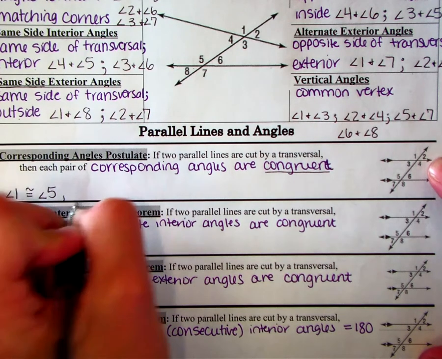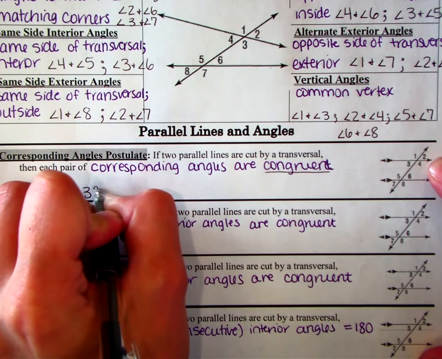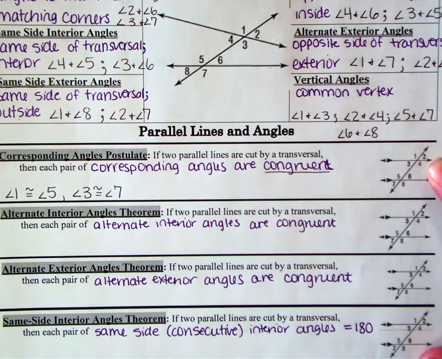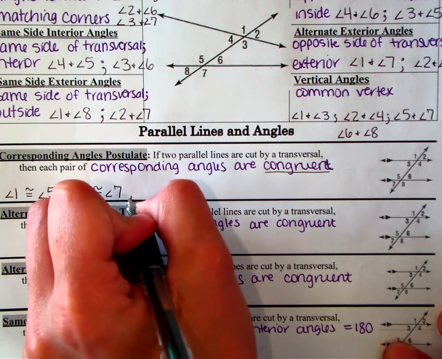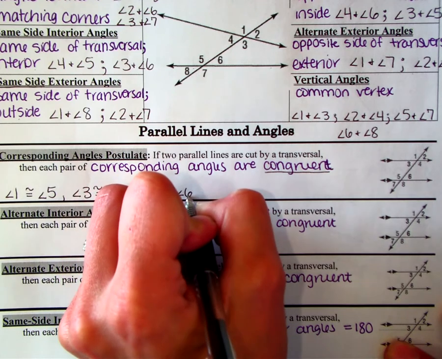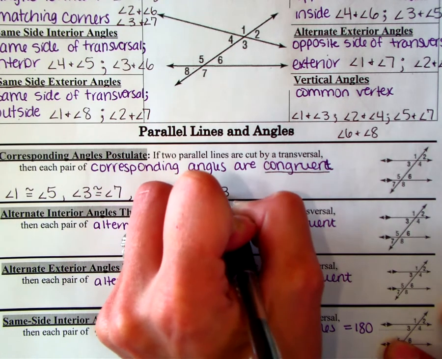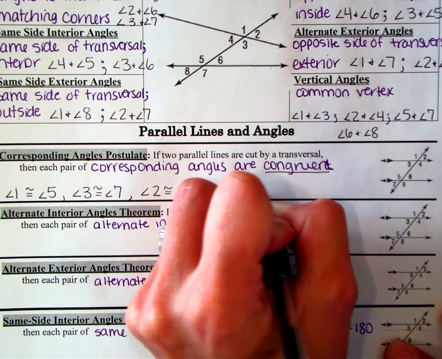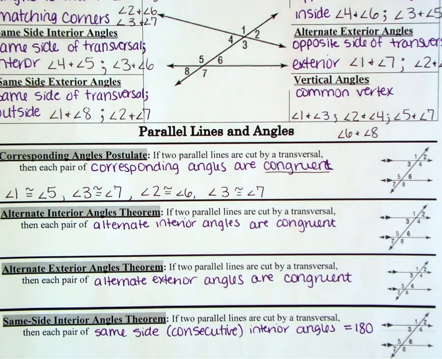We can also say that angle 3 is congruent to angle 7. So instead of saying that they are corresponding angles, if those lines are parallel, we can say that they're congruent. We can also say angle 2 is congruent to angle 6, and angle 3 is congruent to angle 7. So those angles that are in the same spot, that have the same relationship to the transversal and the parallel lines, they're congruent.